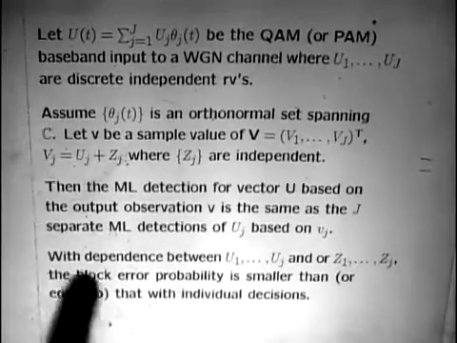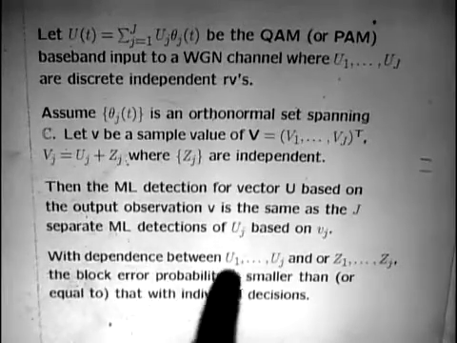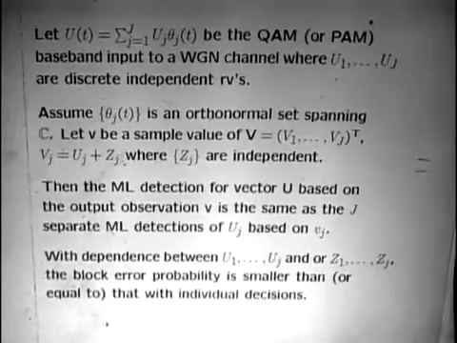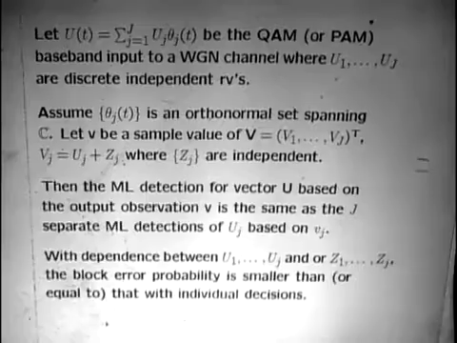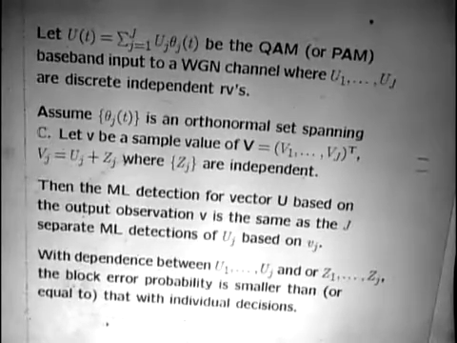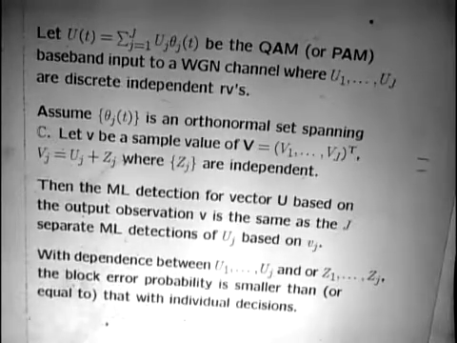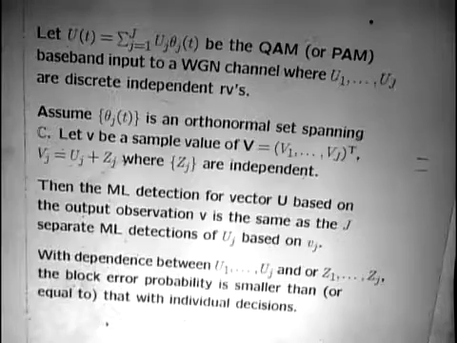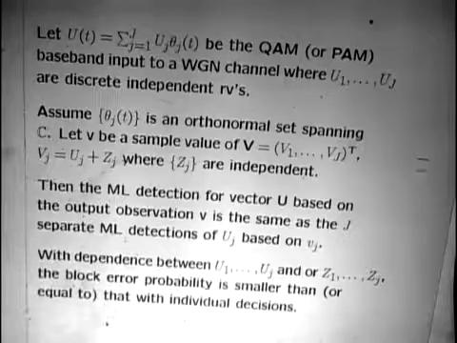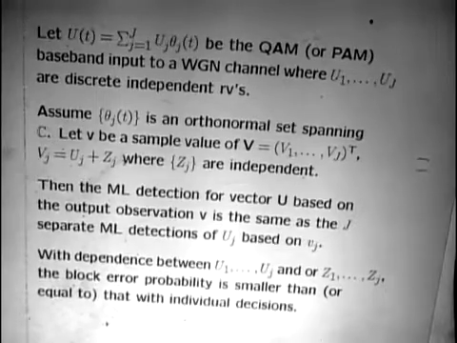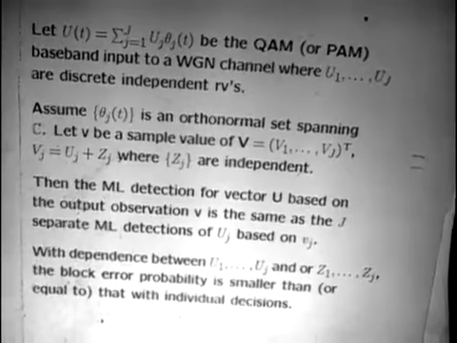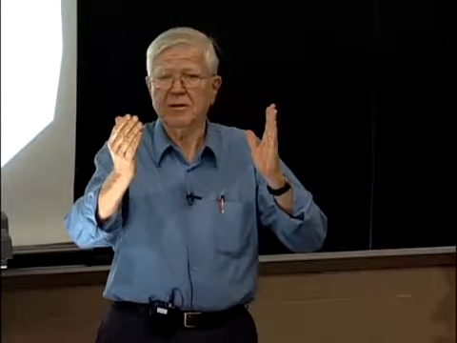Well, the trouble is then you have dependence between U1 and U sub j. So you can still detect each of these just by looking at the single output, and it's a maximum likelihood detection based on that observation. But if you look at the entire observation, V1 up to V sub capital J, you get something better. How do I know you get something better?